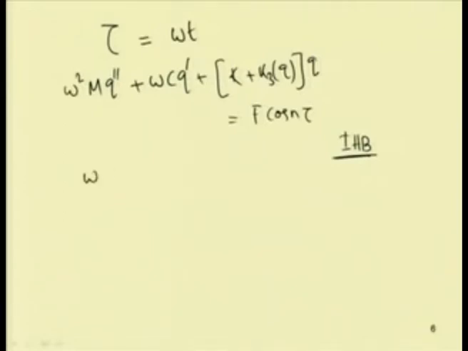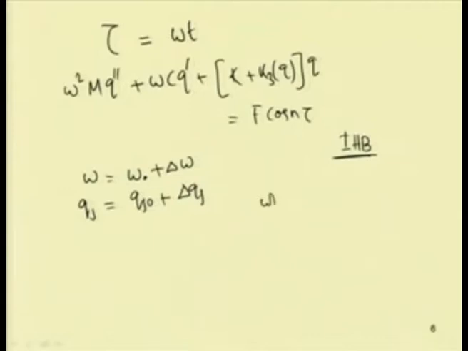Initially I started with omega 0; the neighboring state I can find by incrementing omega by delta omega. Similarly, for q j 0, the next stage q j will be equal to q j 0 plus delta q j.